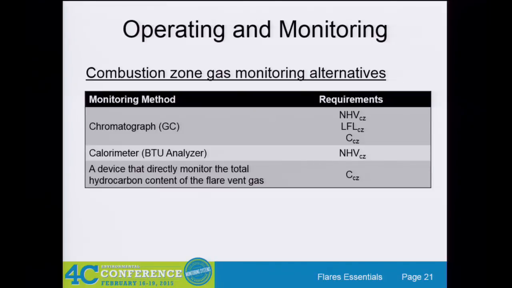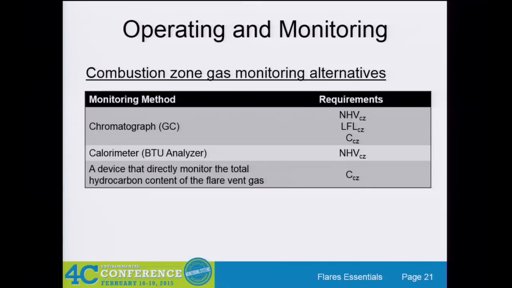But some of the things will push you in different ways. One of the things is if you have a high hydrogen flare, they do not give you that 1212 number that was in the consent decrees. So this net heating value in the combustion zone may not be your best option because you're stuck with the 274.